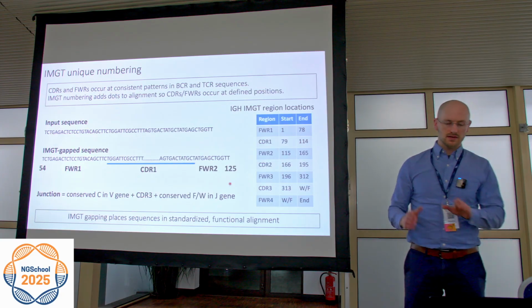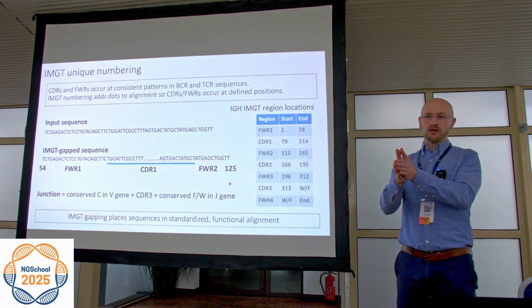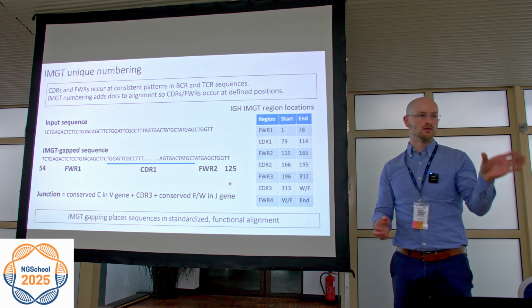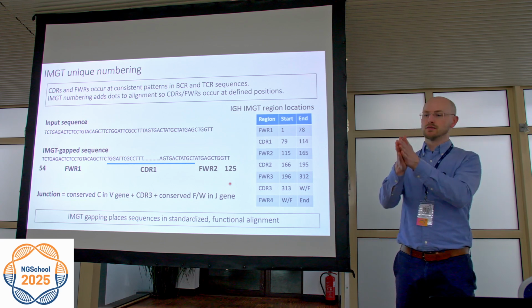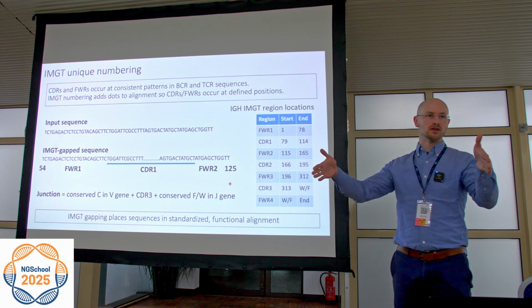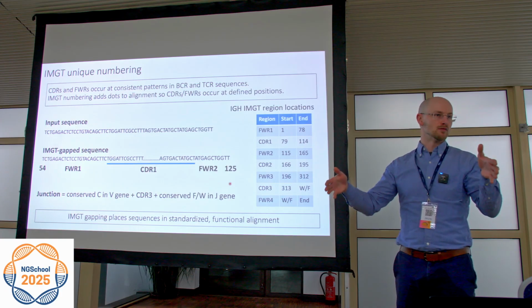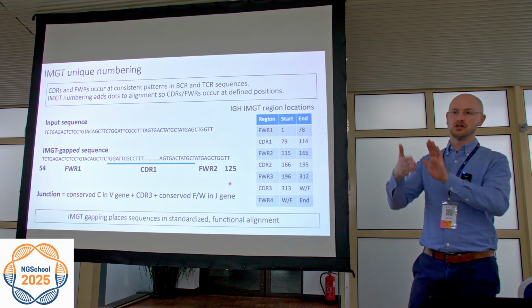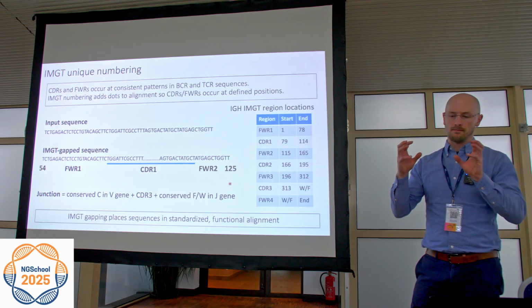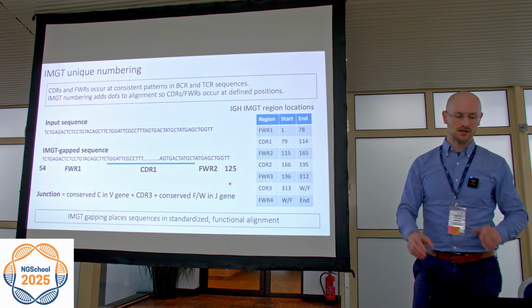So this is a way of, given a particular BCR with a set of V gene and J gene, placing that BCR in a common alignment system so that the regions of that BCR always occur at consistent places.